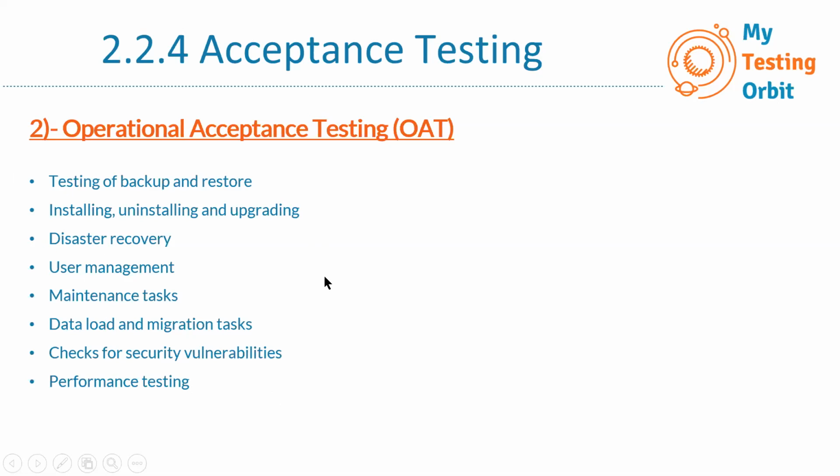So what is disaster recovery? That if there is a problem at one site, then we can move the operation to some other site, and we can continue the operation as usual. Like the situation nowadays is the perfect example of disaster recovery.